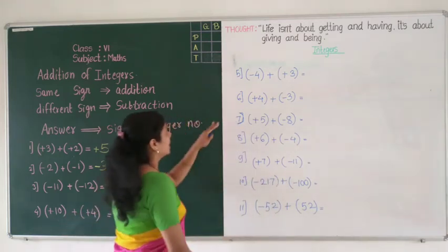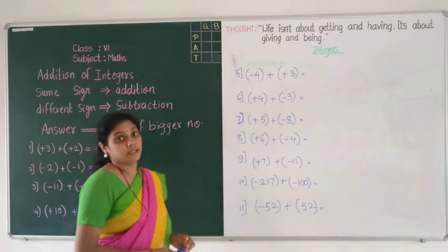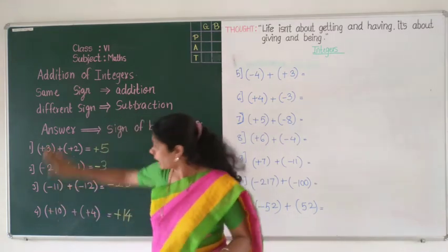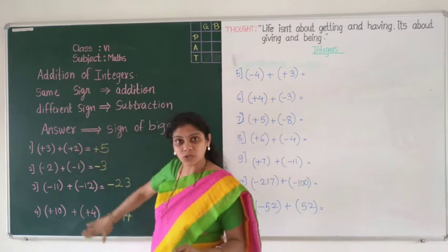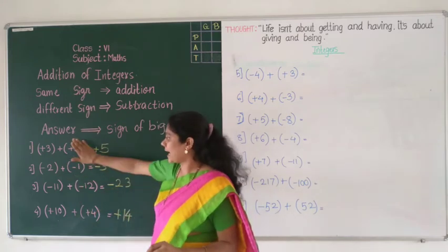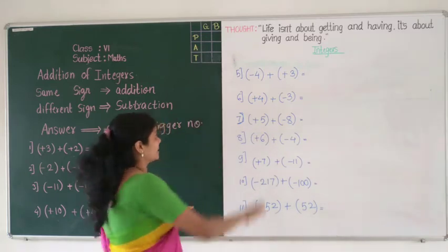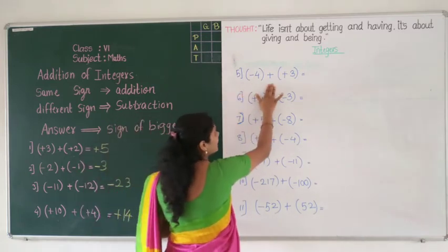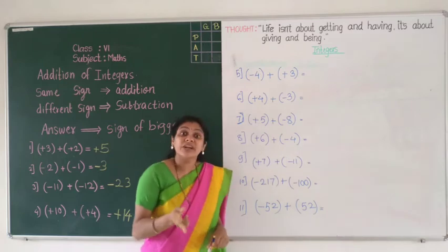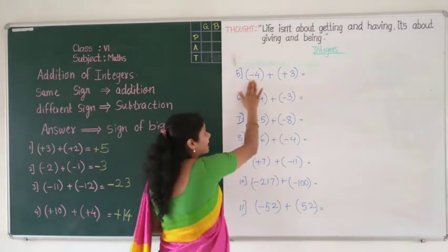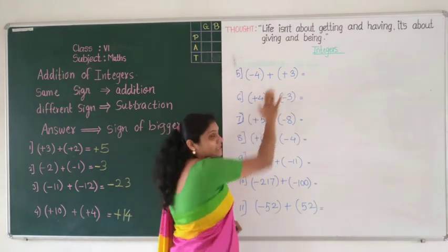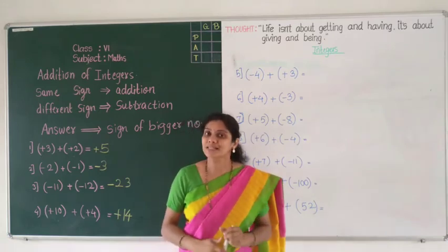Okay. Negative 4 plus negative 3. Here we have already solved 4 examples, and in all 4 examples they have the same sign. But now you can see in the fifth example, negative 4 plus positive 3, they have different signs. 4 has a negative sign and 3 has a positive sign. So here we have to do subtraction.